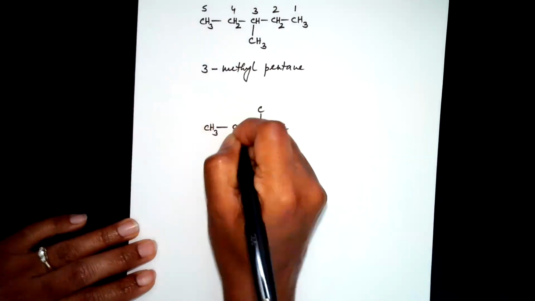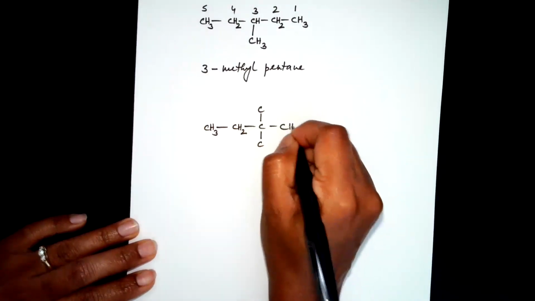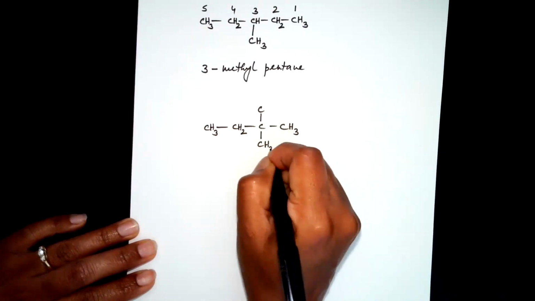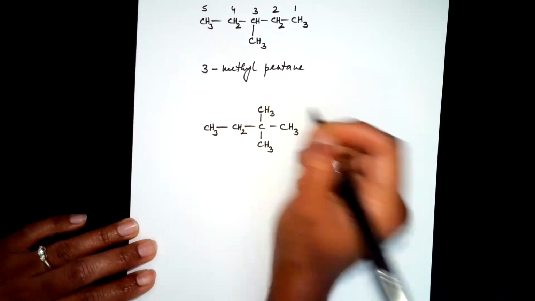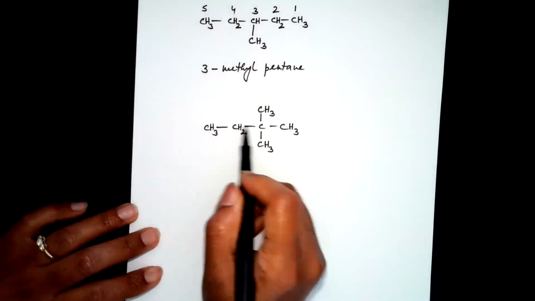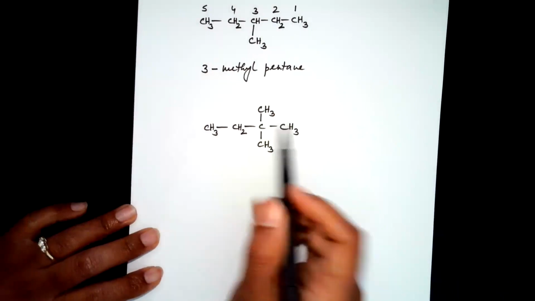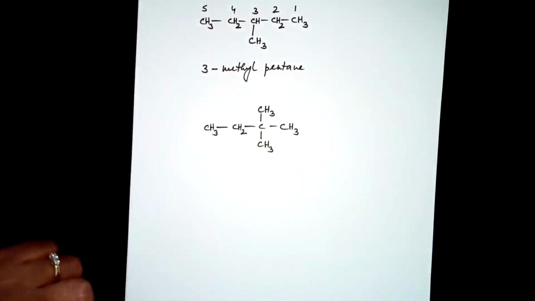This needs 3, this needs 2, this does not need any, this would need 3, 3 here, and 3 here. So I still have 1, 2, 3, 4, 5, and 6 carbons, and the number of hydrogens would match with the constitutional isomers that we have just drawn.